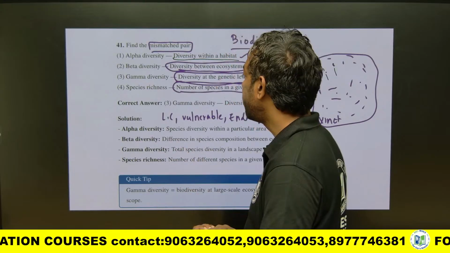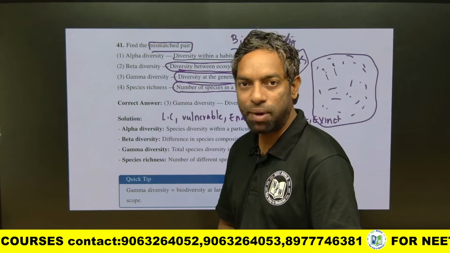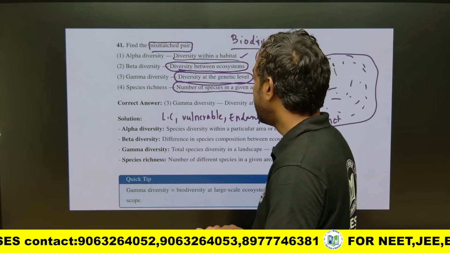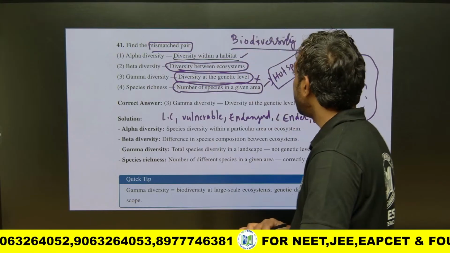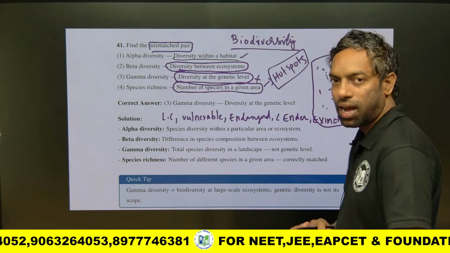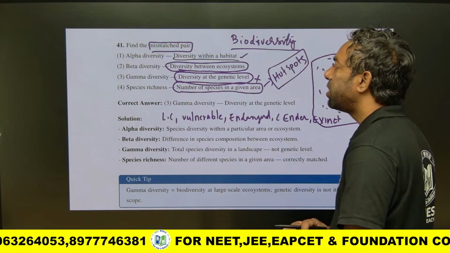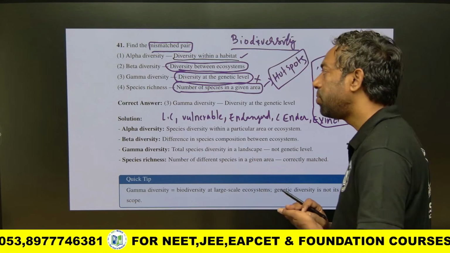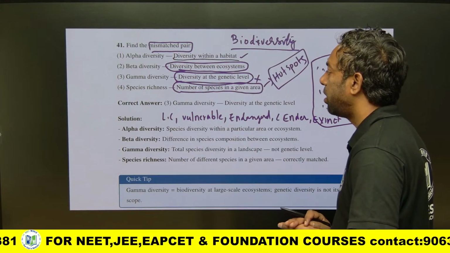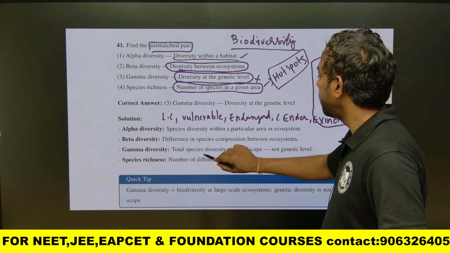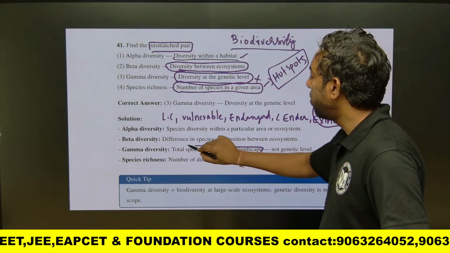Eastern Himalayas, Indo-Burman plate. Likewise, guys, look here. Alpha diversity is the area within the habitat, beta diversity is the relation between two ecosystems, and gamma diversity is not at the genetic level, it is the species diversity of the landscape only.